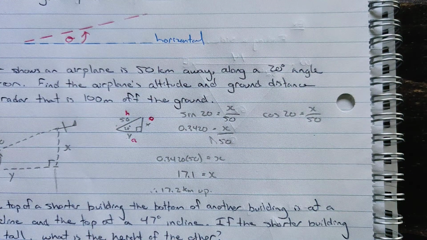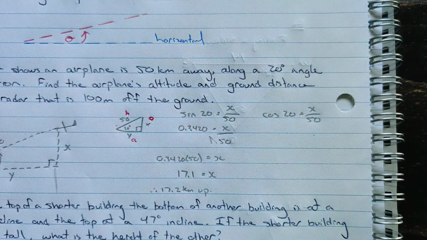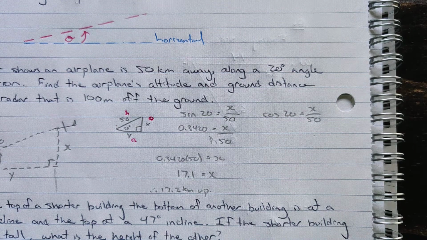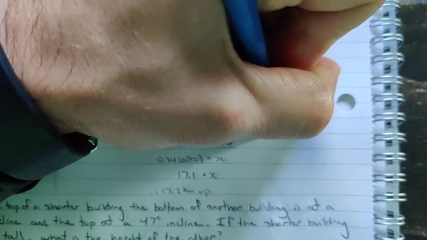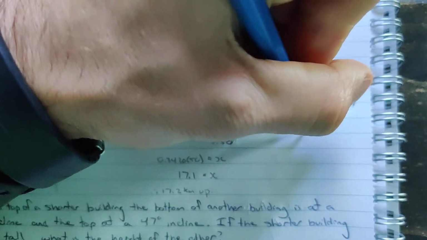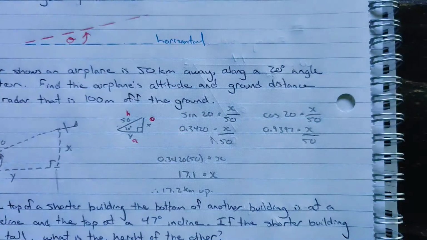Now, very similar, except the cosine ratio is different from the sine ratio. Our cosine of 20 is going to give us 0.9397. So 0.9397 equals y over 50.